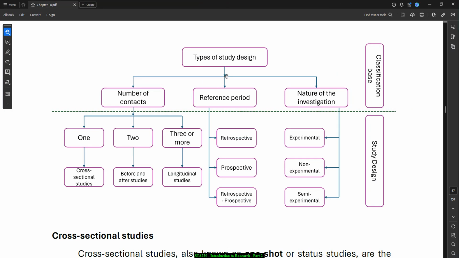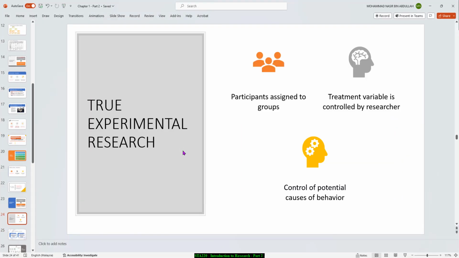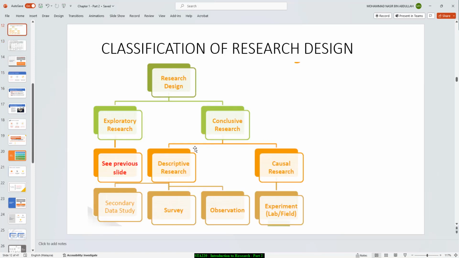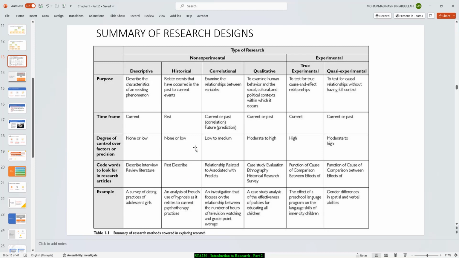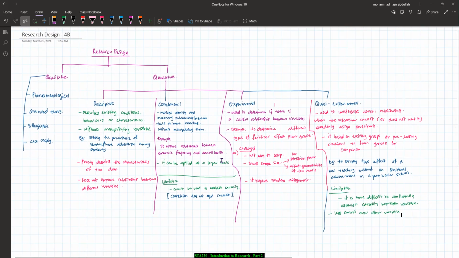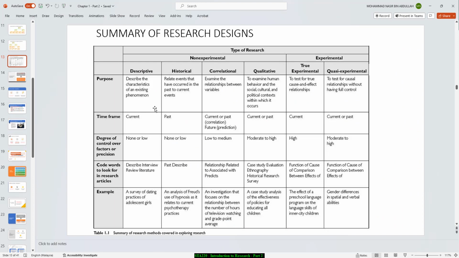So the study design is based pada research design. Each research design has a study design, right? So it is based on number of contacts, reference period and nature of investigation lah. Nanti dapat buku kita boleh tengok lah, right? So now based on my slide, so actually benda yang sama lah. I just summarizekan all the information from my slide to this diagram and I explain thoroughly what research design is available, right? So this one I can skip.